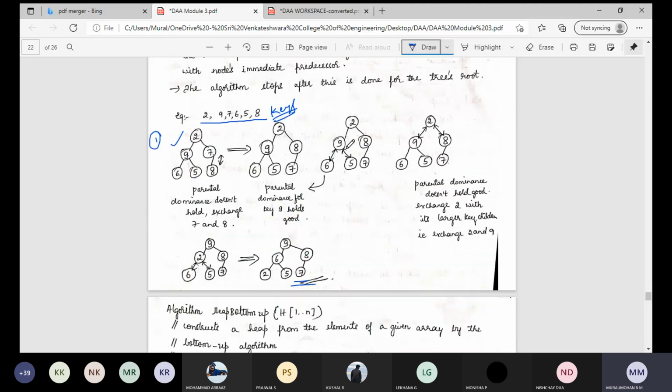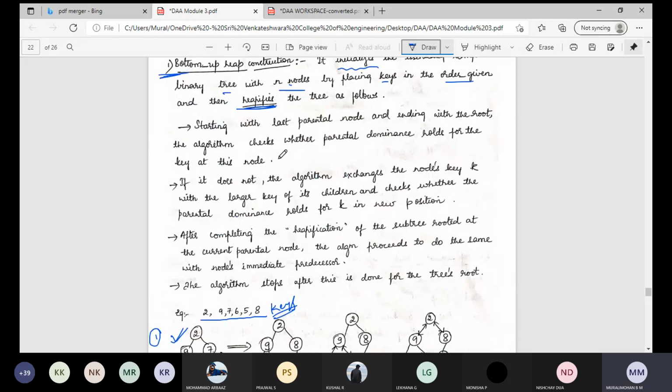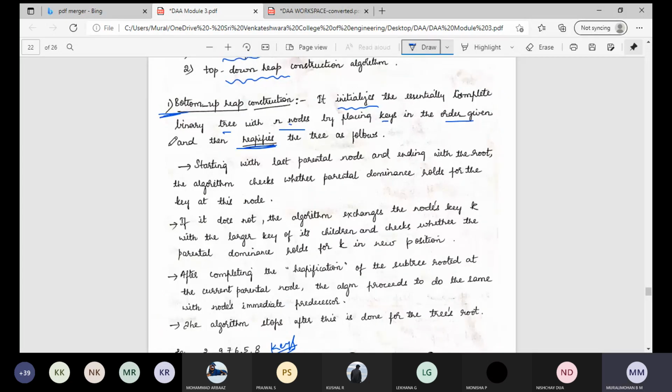That is what we followed here. First we constructed the tree, then we went for heapifying. Is it clear? That is the first thing we should follow in bottom-up heap construction.